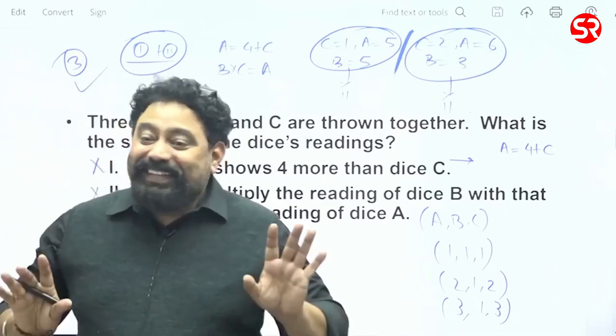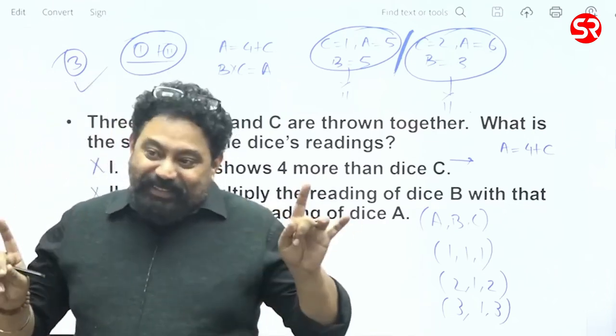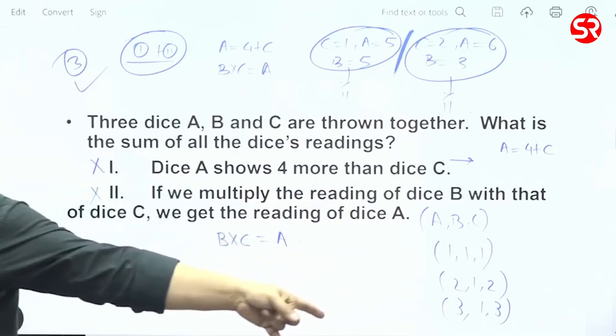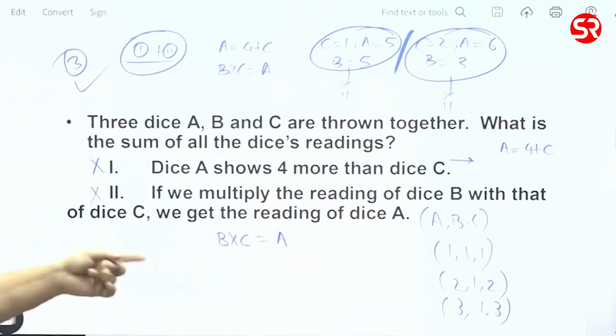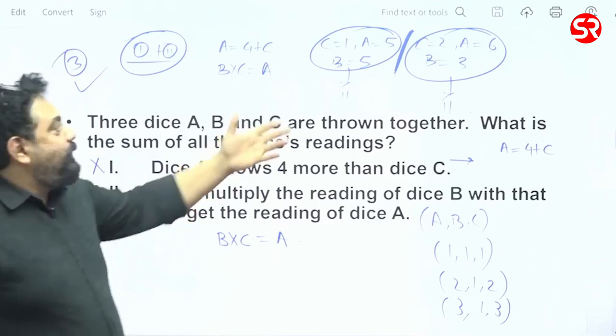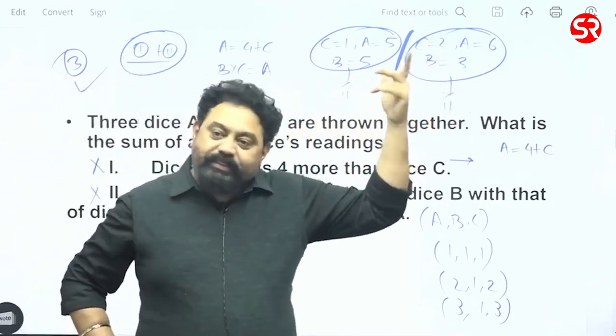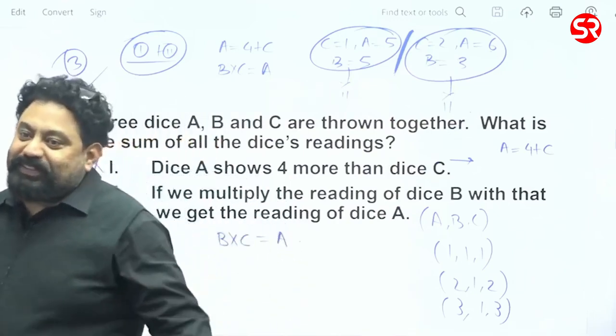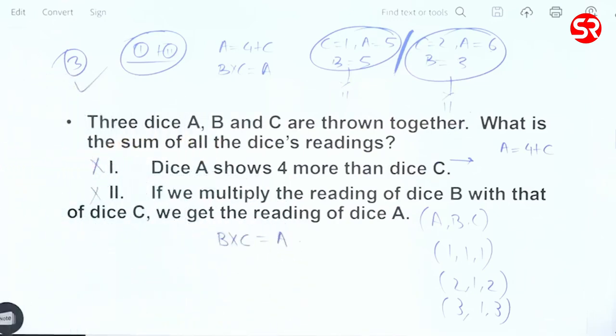Question was, ठीक है दोनों की डाइस अलग अलग आई हैं बट सम ऑफ रीडिंग इज 11. See the question, see the beauty, appreciate it. Then we would say 4. Had been यहाँ पे sum 11 होता, यहाँ पे sum 12 होता, we could say answer is 4 because sum is not unique. Answer is 3.